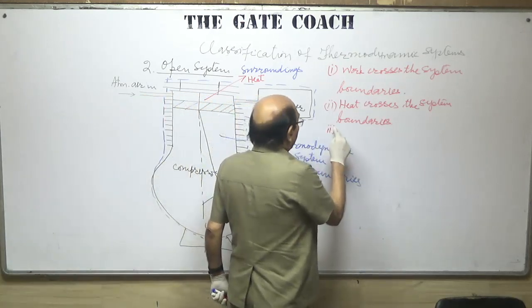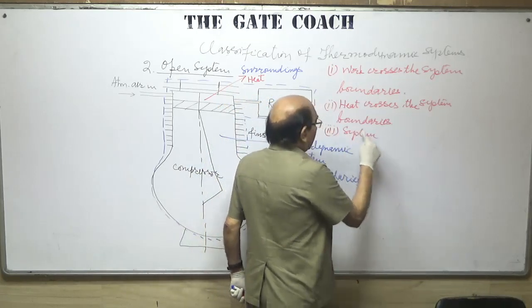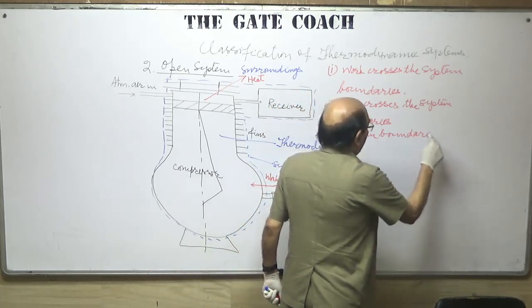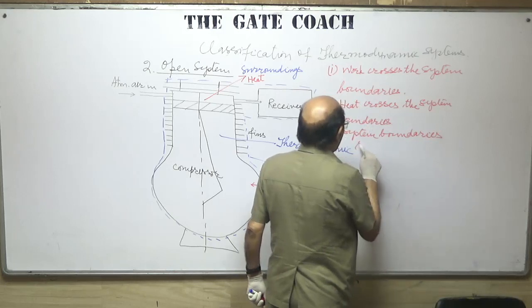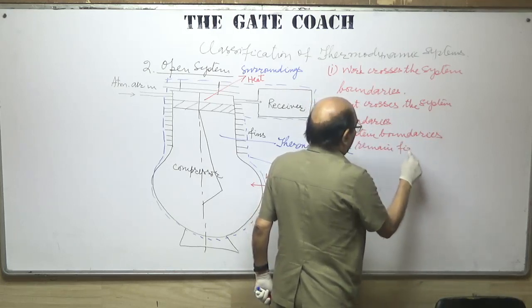So the third observation becomes: system boundaries remain fixed.